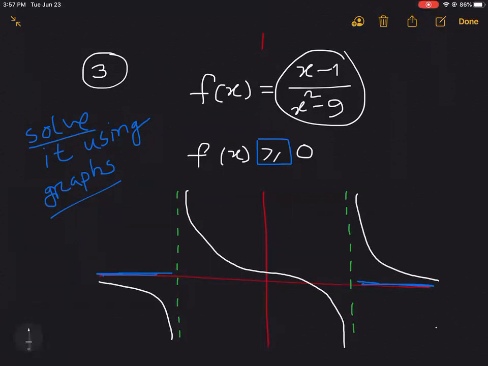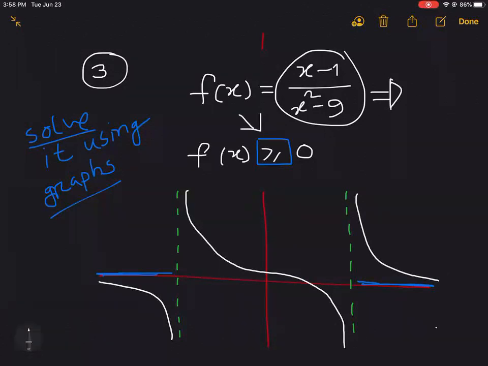If you go back to the previous lecture, you'll see we have a graph like this for this rational function, and from this graph we want to find the values of x for which this inequality will hold, right?